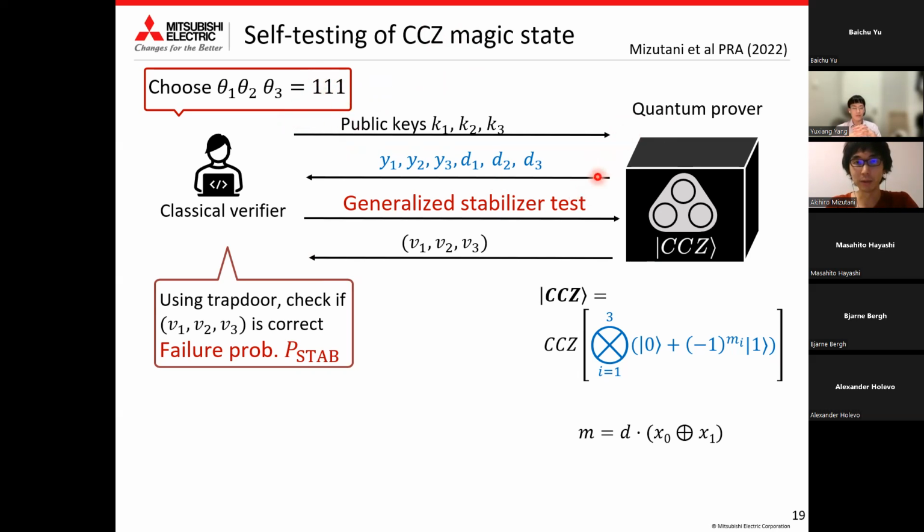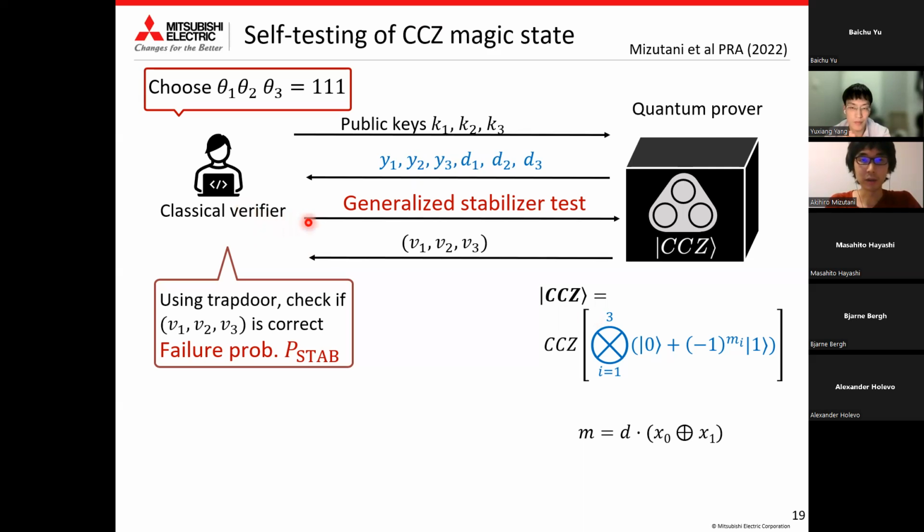And after the prover returns the outcomes of the image Y and the X basis measurement of the second register, the prover's state is written like this blue state. So this is a 3 qubit state, a 3 qubit state in the X basis eigenstate. After the prover generates this state, the prover performs the control Z operation and obtains the target CCZ magic state.